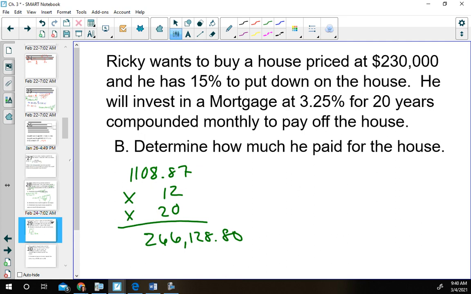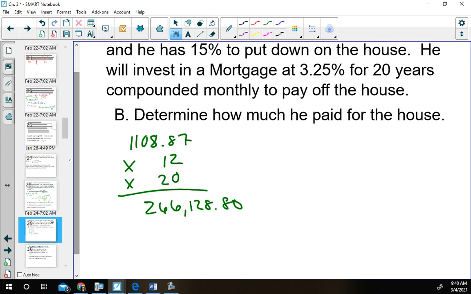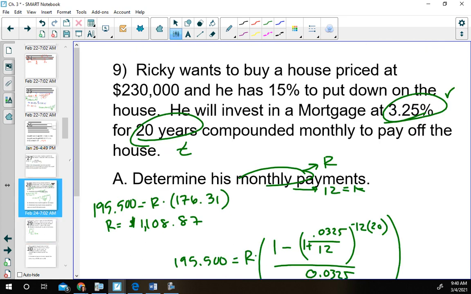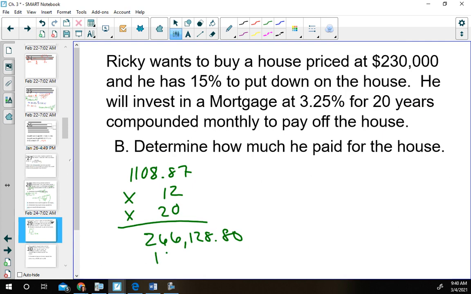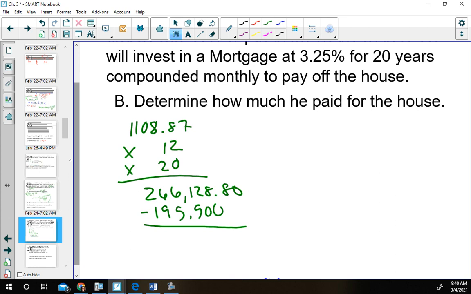Okay, so originally I had been spending this amount, so 195,500. Let's take it off. So this is how much money we just spent extra in interest paying it off over that 20 years.